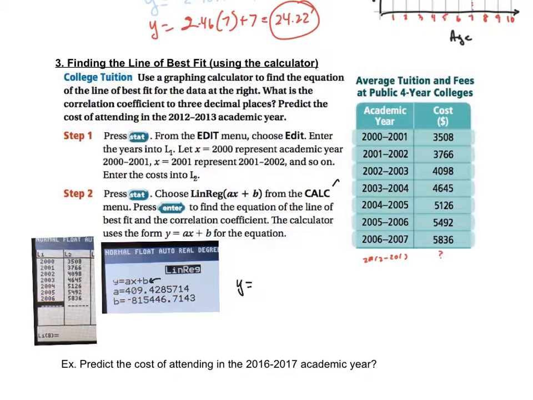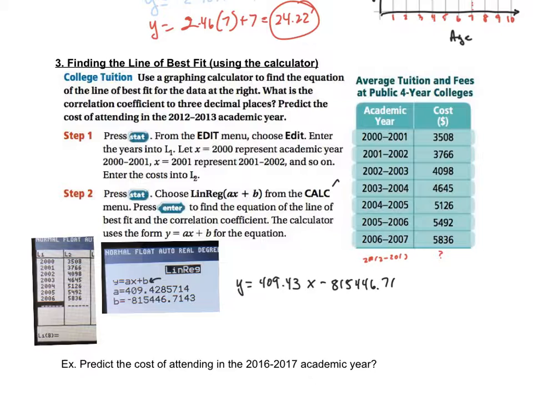So I have y equals a, which is 409.43 x plus b, which is negative, so which would be minus 815,446.71. So there is my equation for a line, and then it says press enter to find the equation of a line, and then also the line of best fit and the correlation coefficient.